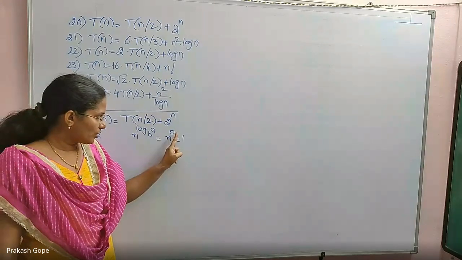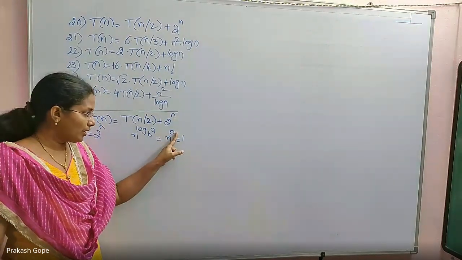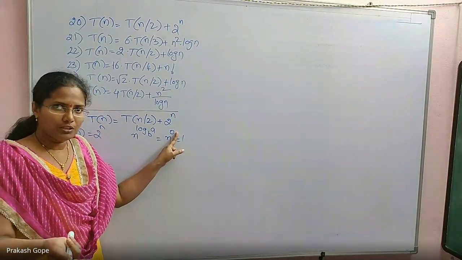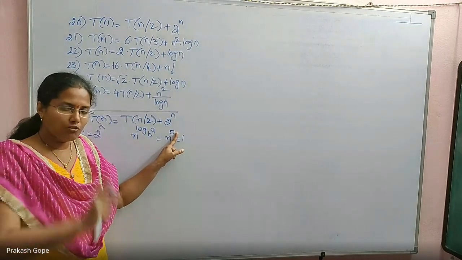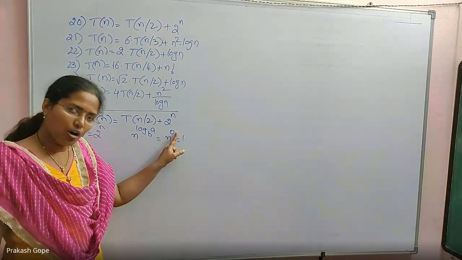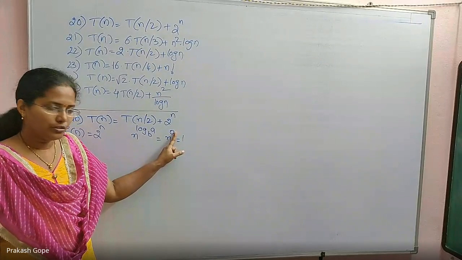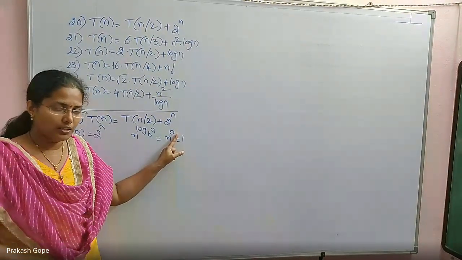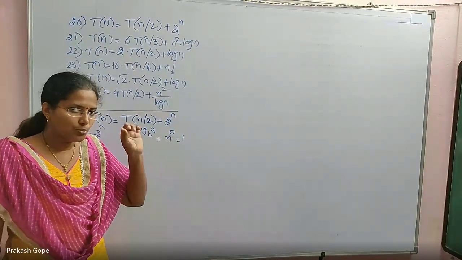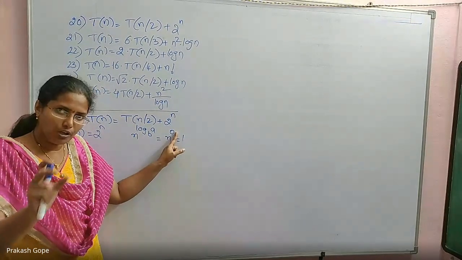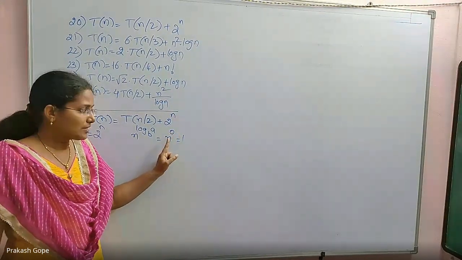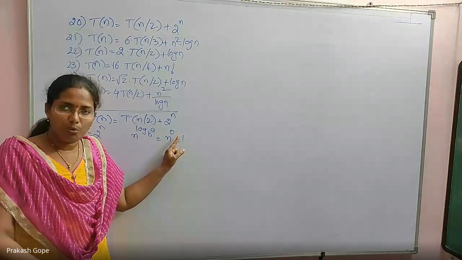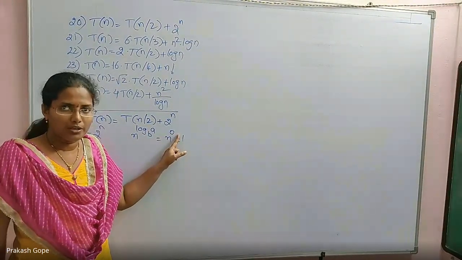So for this power, even if you add a small value, for example 0.5 or 1, even if you add 1, you should add a small value epsilon greater than 0. Even if you add a small value to the power, still it is n power 0.5 or maximum n power 1.